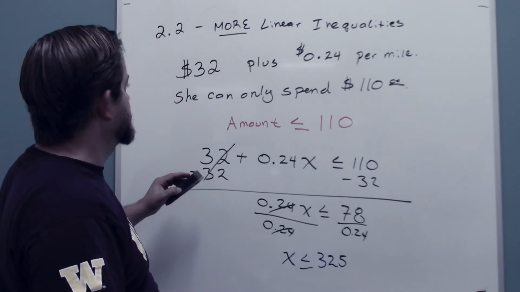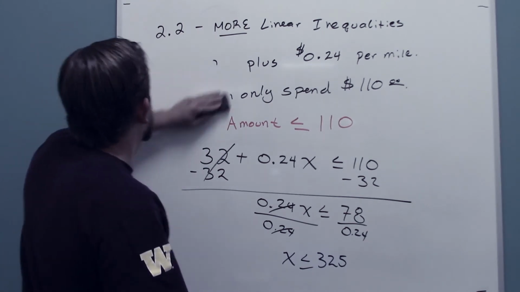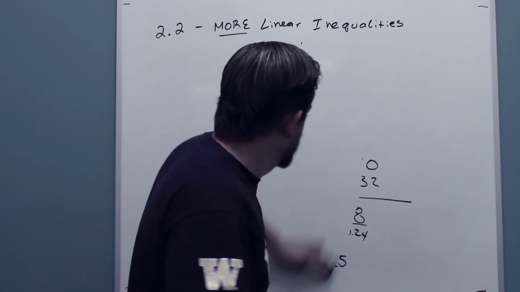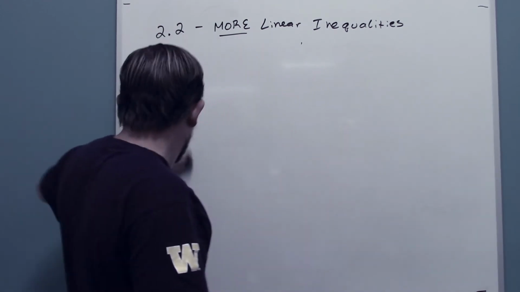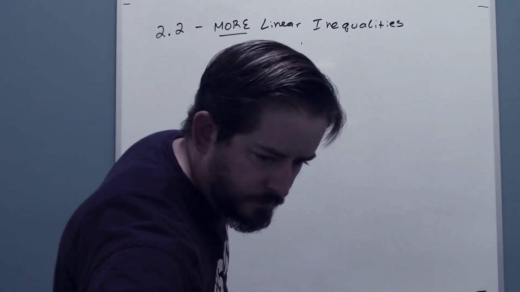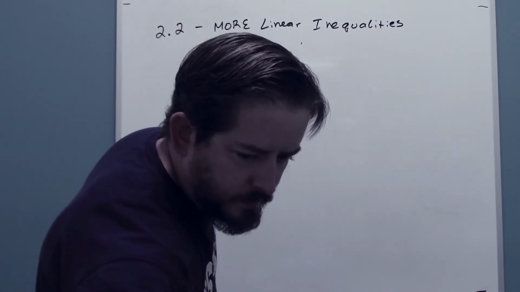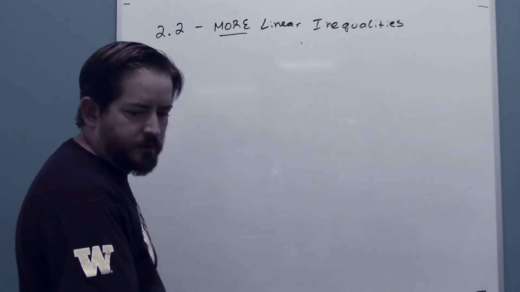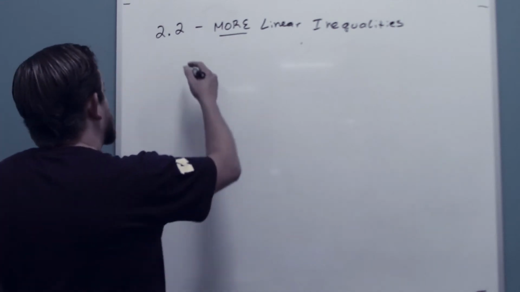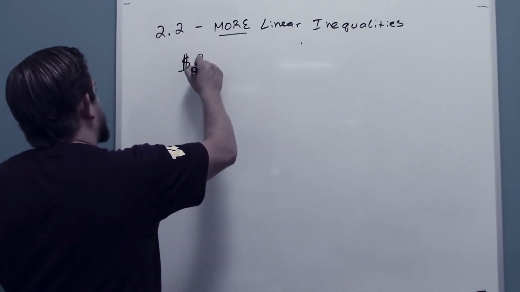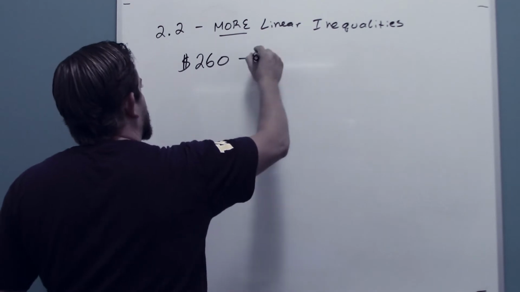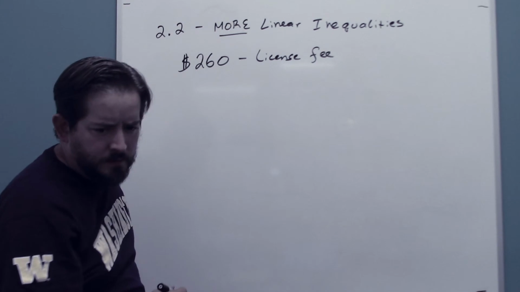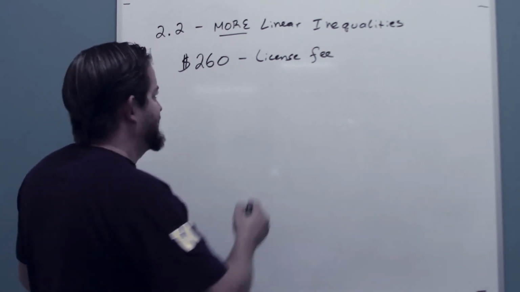All right, let's look at number 6. Six says, Jake is buying a car. In addition to the price tag of the car, he must pay a $260 license fee, and a 5% sales tax.